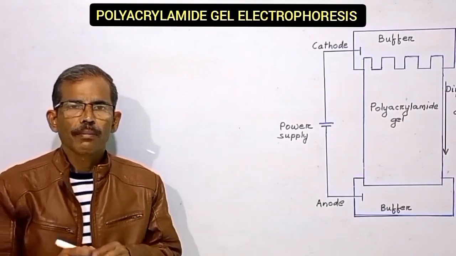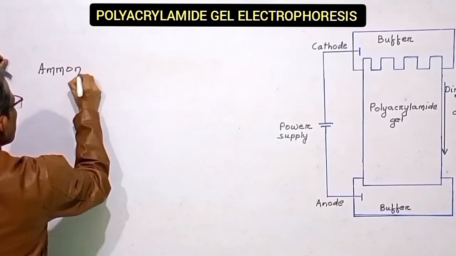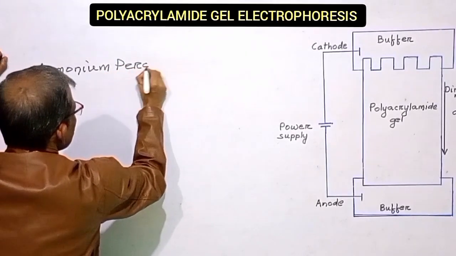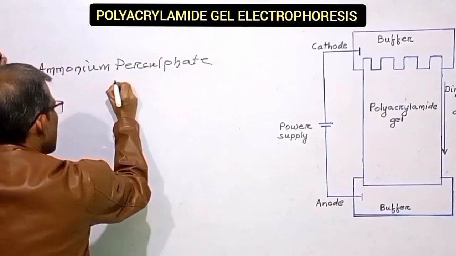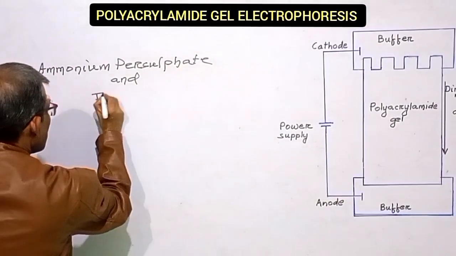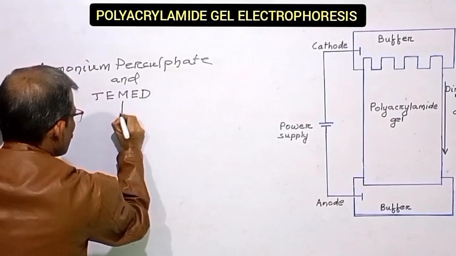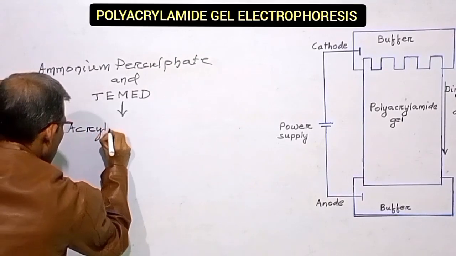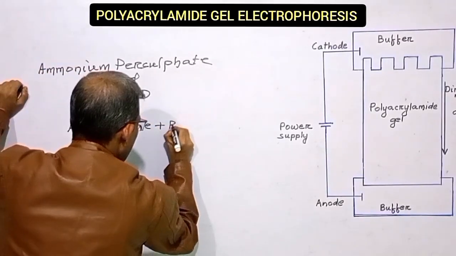To prepare polyacrylamide gel, ammonium persulfate and N,N,N',N'-tetramethylethylenediamine, TEMED, are added to a mixture containing acrylamide and bisacrylamide.